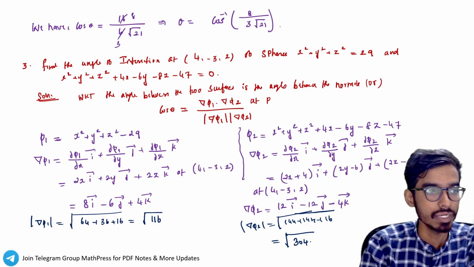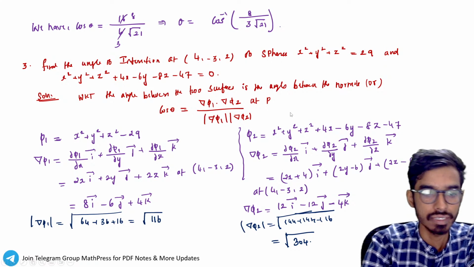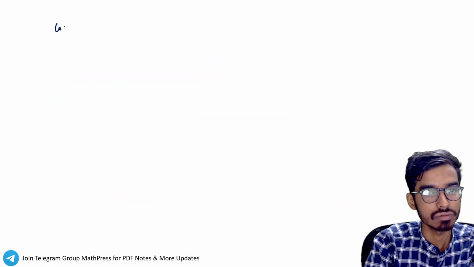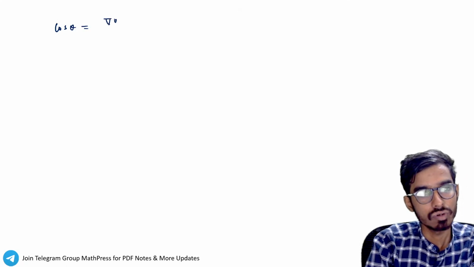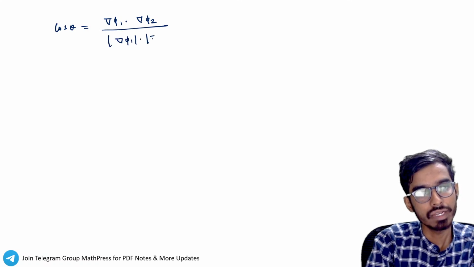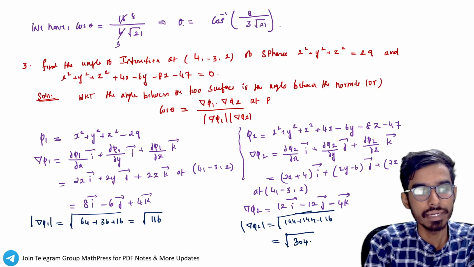So now we'll find the angle between them. The angle between them is cos theta equal to del phi 1 dot del phi 2 divided by modulus of del phi 1 into modulus of del phi 2. Now what about del phi 1 dot del phi 2?